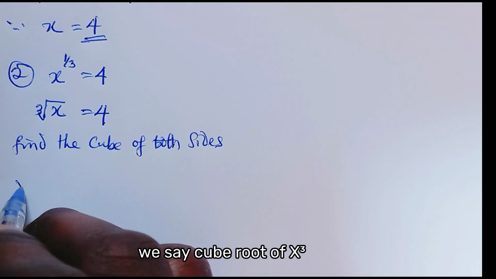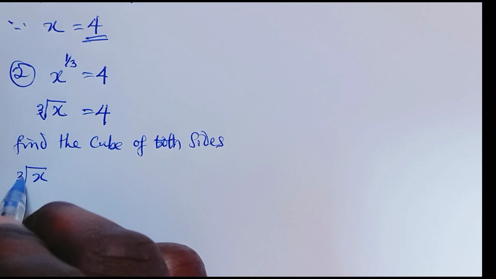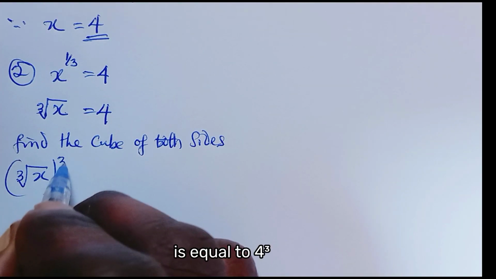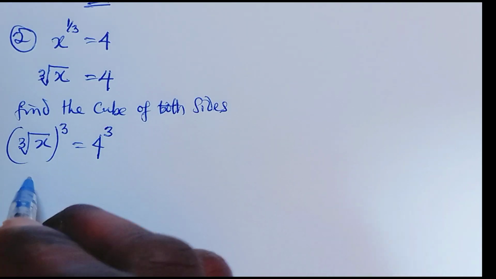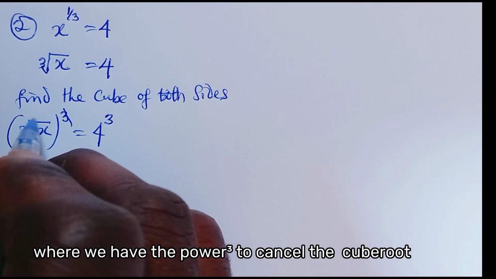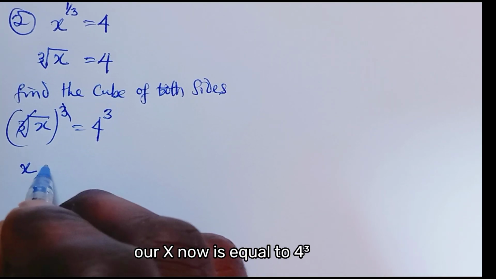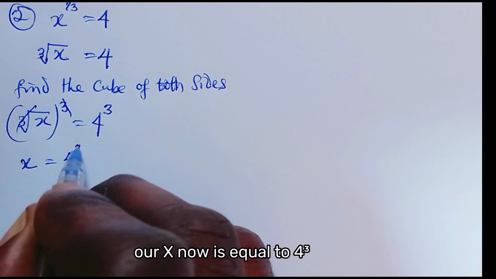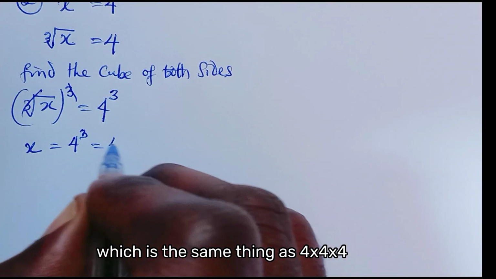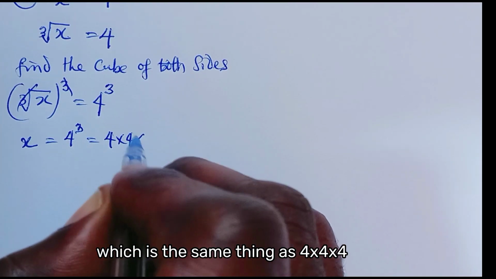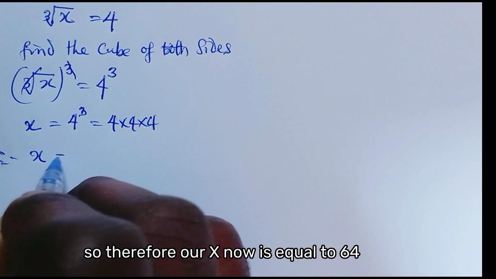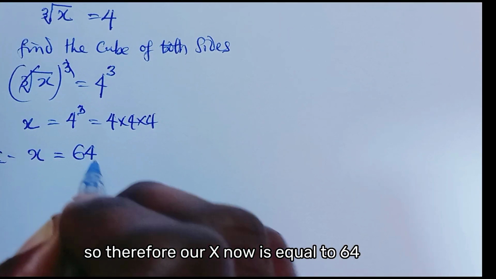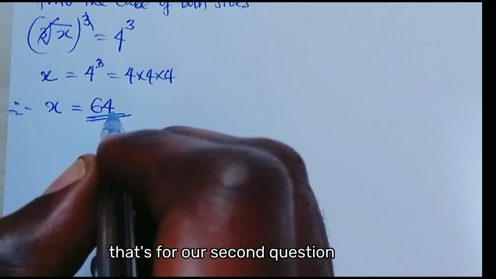We'll say cube root of x raised to power 3 is equal to 4 raised to power 3, where we have the 3 cancel the cube root. Our x now is equal to 4 raised to power 3, which is the same thing as 4 times 4 times 4. So therefore, our x now is equal to 64. That's for our second question.